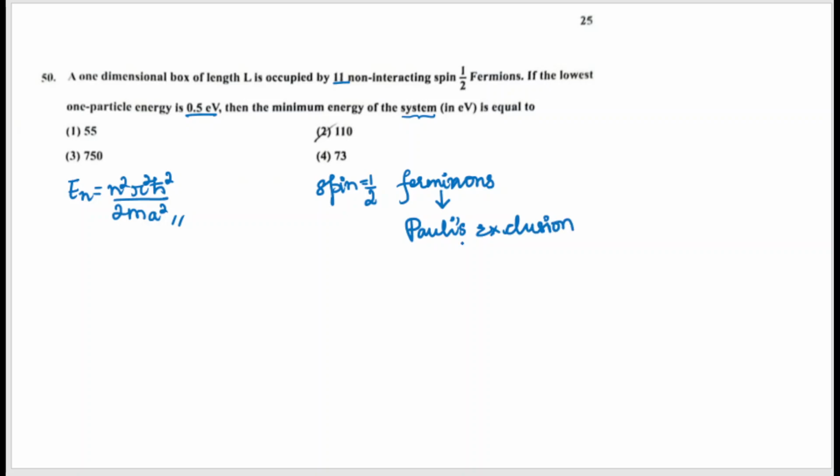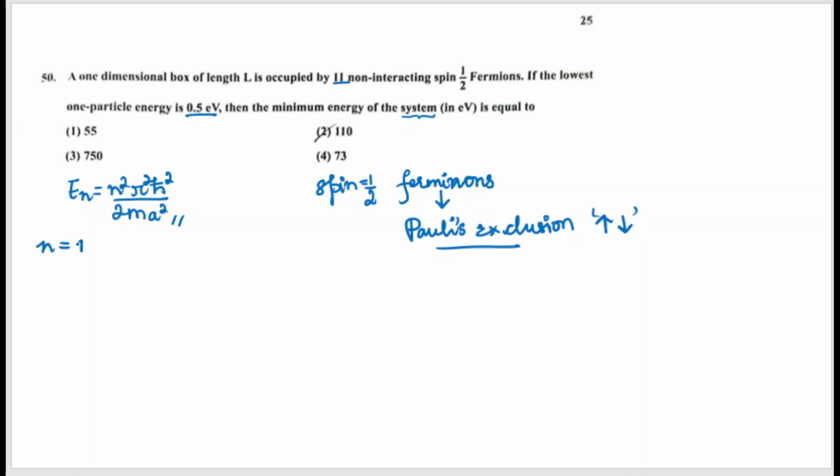What does this principle say? Each energy level can hold a maximum of two particles. I am repeating again, each energy level can hold a maximum of two particles, that is one spin up and one spin down.